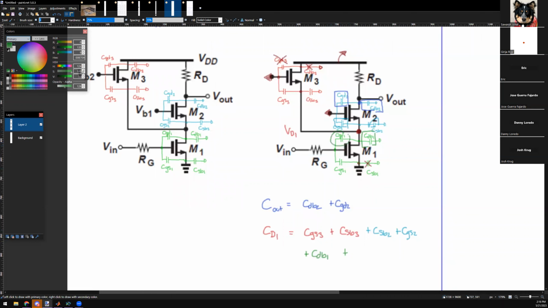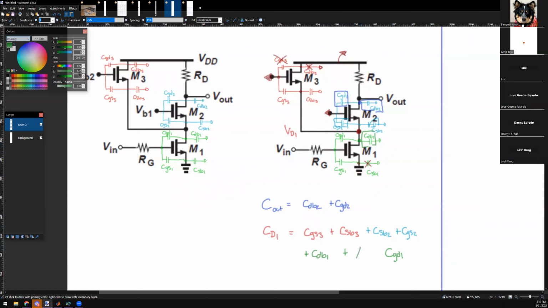So I know I can break this capacitor into two capacitors, each to ground. So I'm going to do CGD1 times some factor, and this guy's at the output of M1.